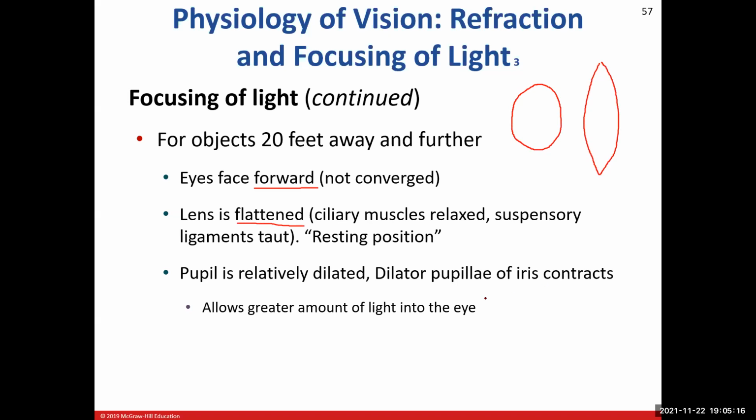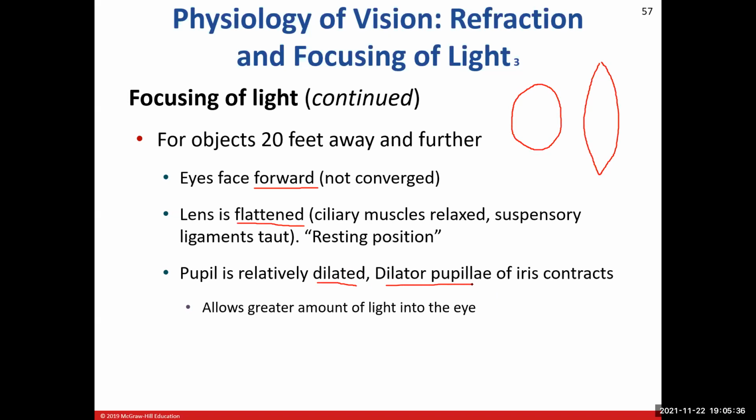And then we see that the pupil now becomes more dilated. So the dilator pupillae muscle, that muscle that sits in the iris, is going to contract, and that is going to cause dilation, and it will let more light in.